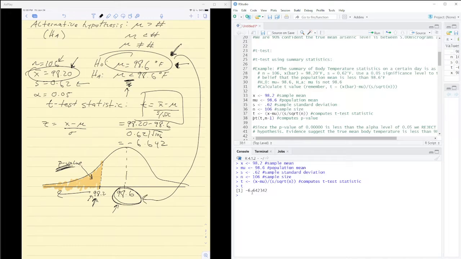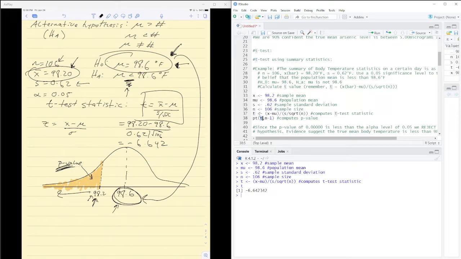So we're finding this p-value. We're going to use pt to calculate a p-value. P for p-value, or probability, and t for the fact that we're using a t distribution. We saw before with the normal distribution, we used pnorm for the normal distribution, pbinom for binomial distribution, now pt for t distribution.